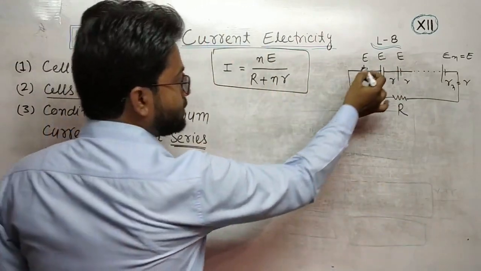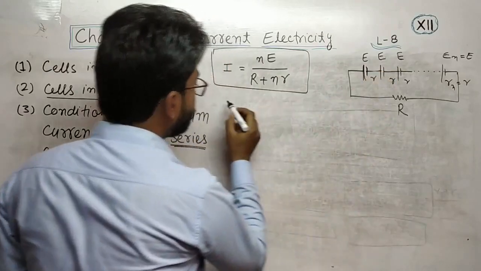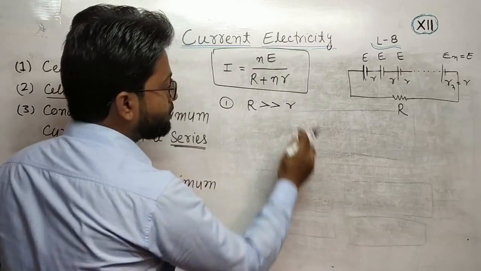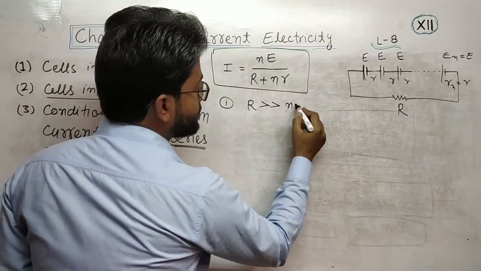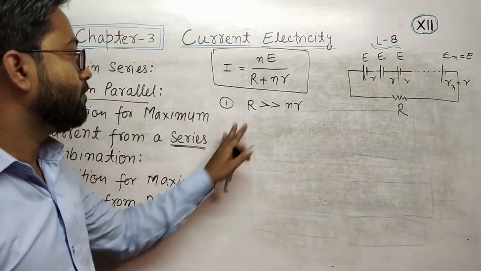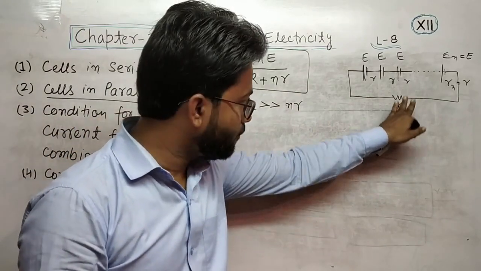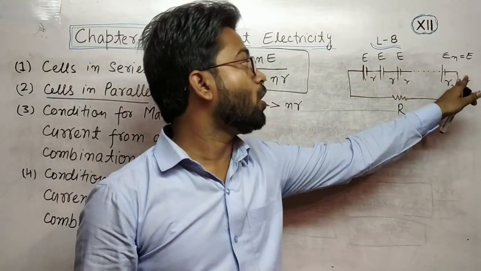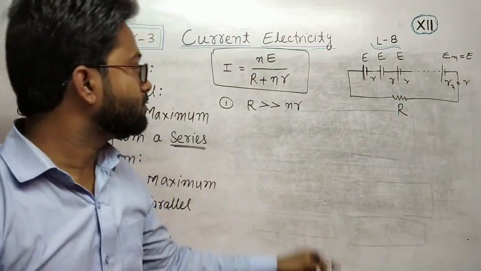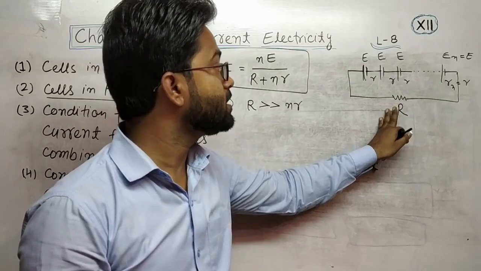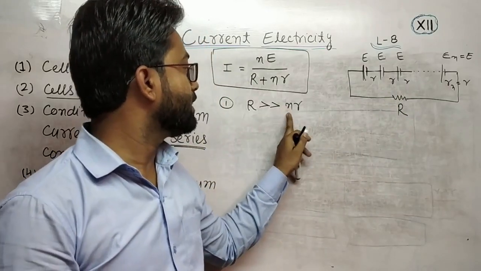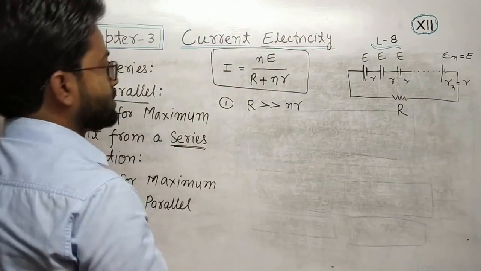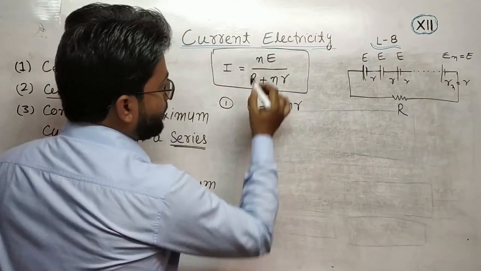If we talk about R being very much greater than the total internal resistance, if the external resistance is very much greater than the sum of all the internal resistances, in other words, if the external resistance is very much greater than the equivalent of the internal resistances, what will happen?